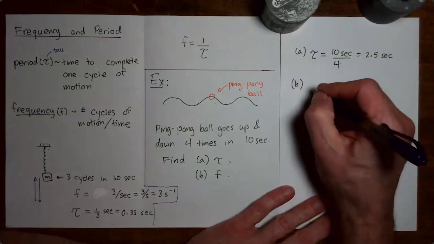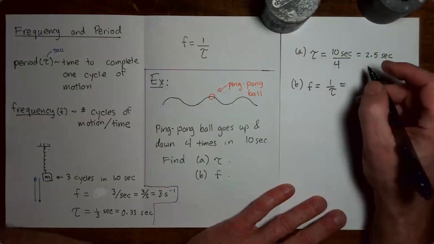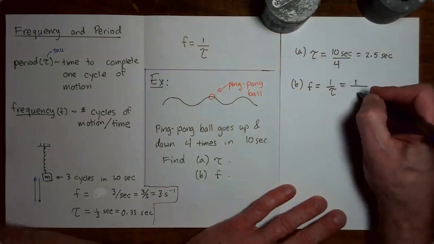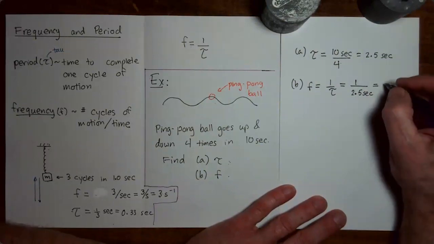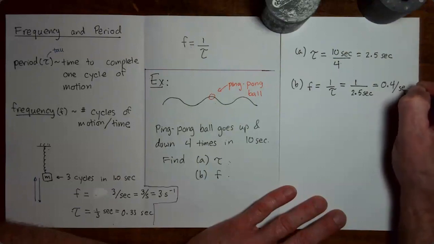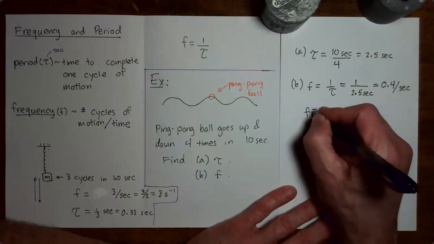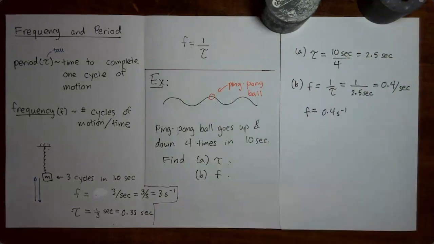Then what would be the frequency? The frequency would be the reciprocal of the period, or in other words, frequency would be 1 over 2.5 seconds, which we could write as 0.4 cycles per second, or if you prefer, we could say that the frequency is 0.4 seconds to the minus 1.